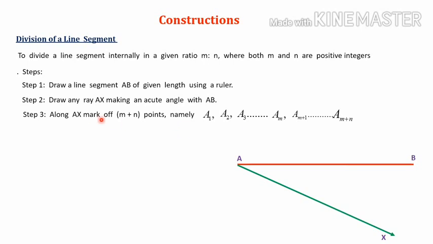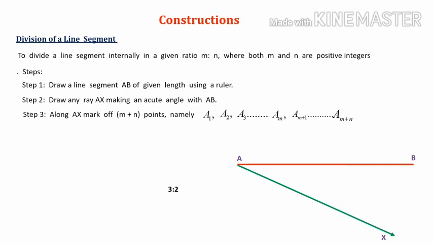Here this is a general form. You may feel difficulty to understand this one, but it's quite a simple concept. Along AX, mark off m plus n points. This m and n are the ratio, because we are asked to divide a particular line segment in the ratio m is to n. So this m and n we have to add.